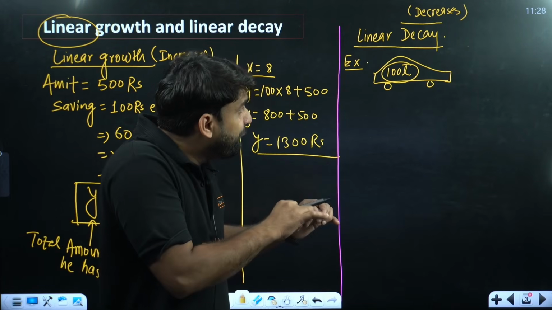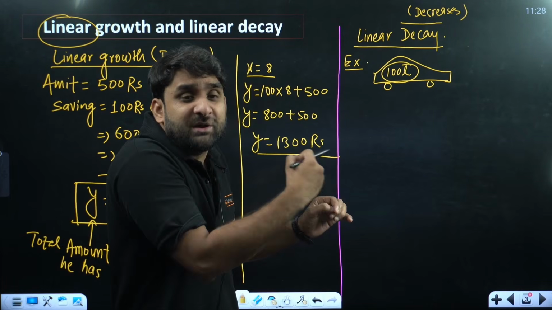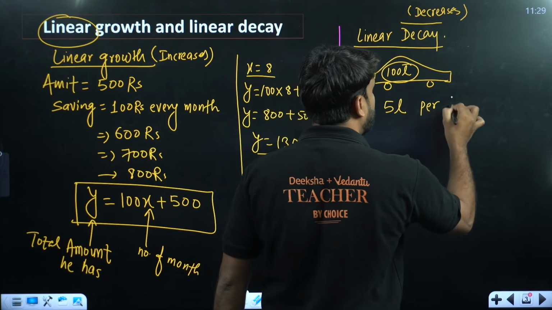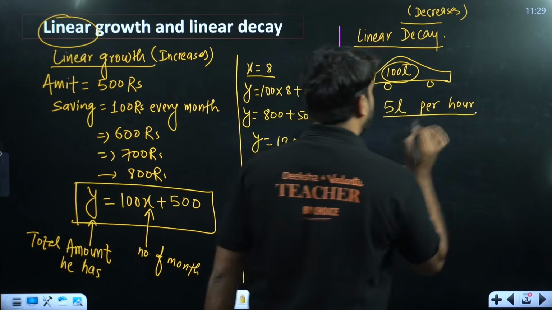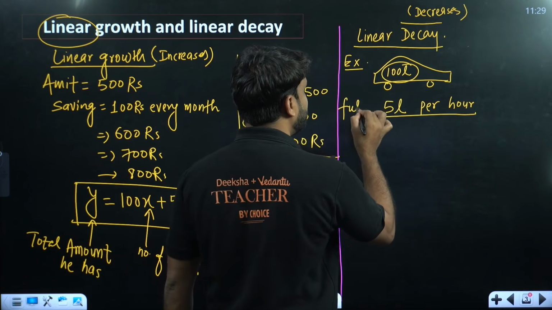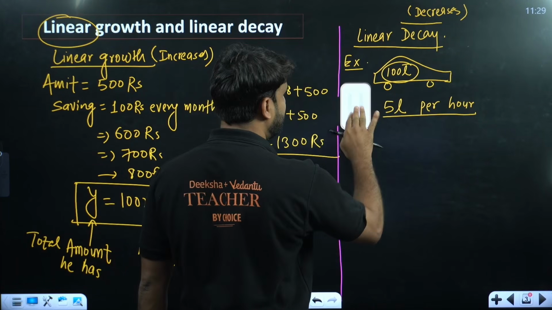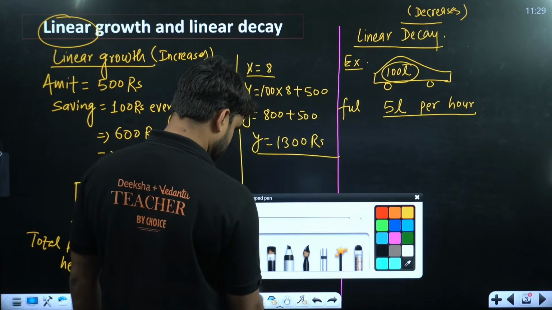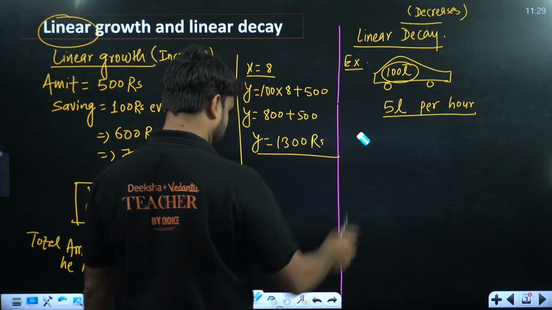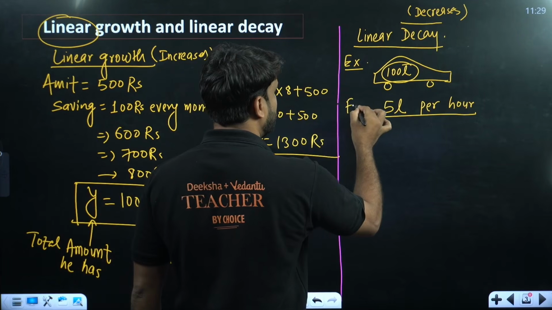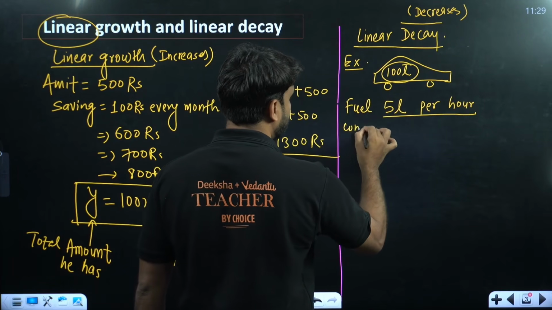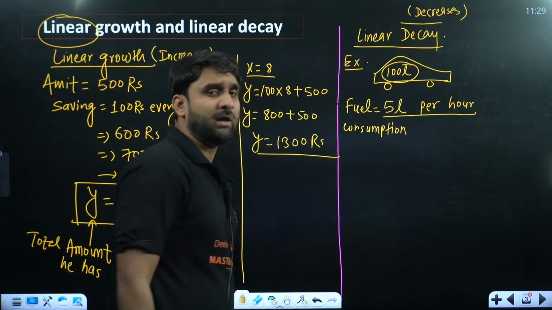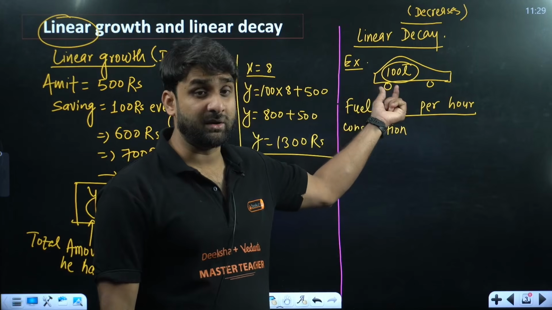Your car fuel is burning. Your fuel consumption is 5 liter per hour. This is fuel consumption, right? You had filled your car's fuel tank with 100 liter of petrol.